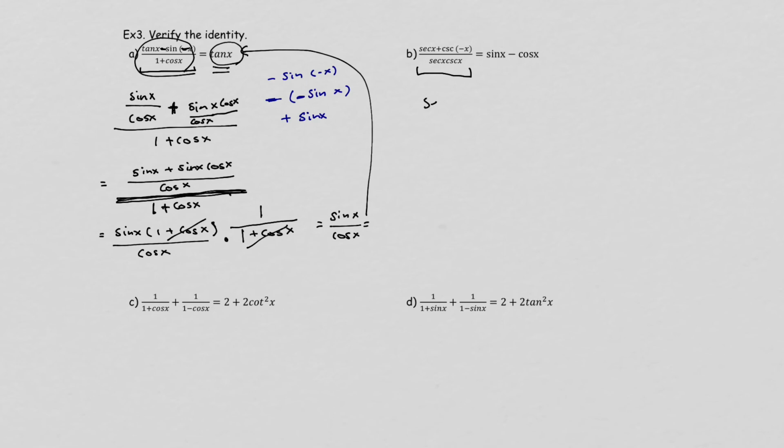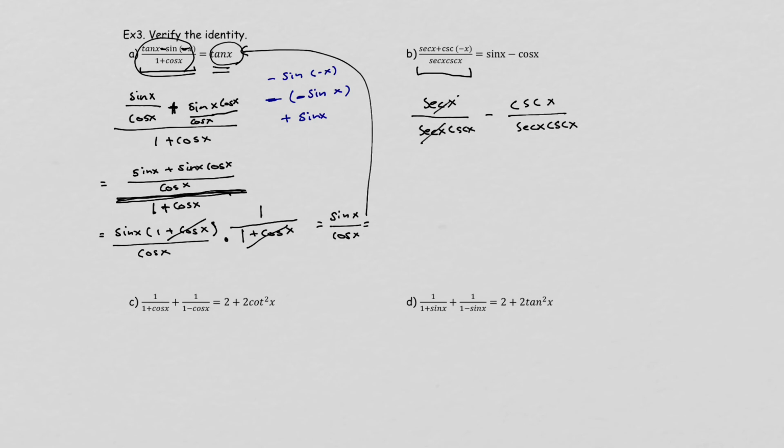Then I get secant x over secant x times cosecant x. And then this is going to be minus, and then you get cosecant x over secant x cosecant x.